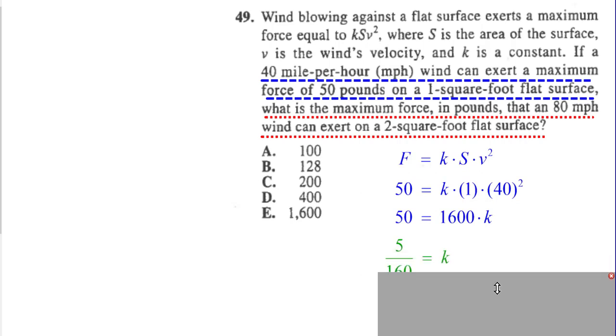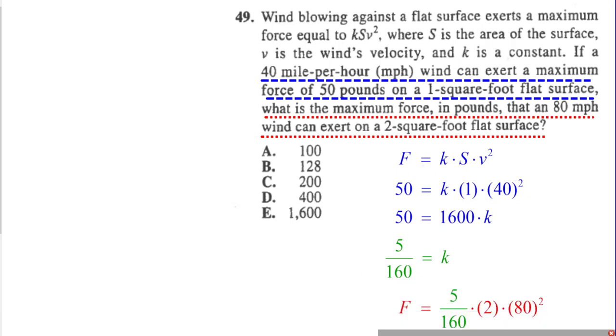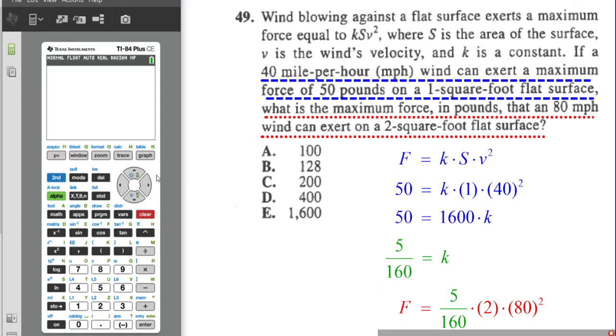And then we'll get K is equal to 5 over 160. The second part, if we substitute in here, we'll get the force is that constant times 2 for S times 80 squared. So we'll just need to use a calculator to do that. So again, I need a fraction template of 5 over 160.